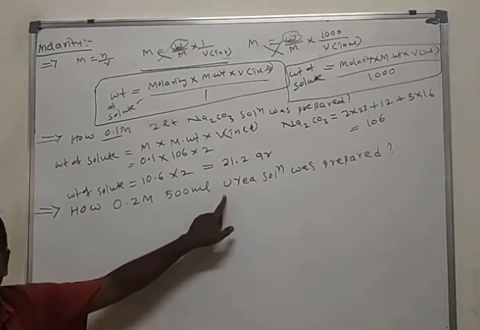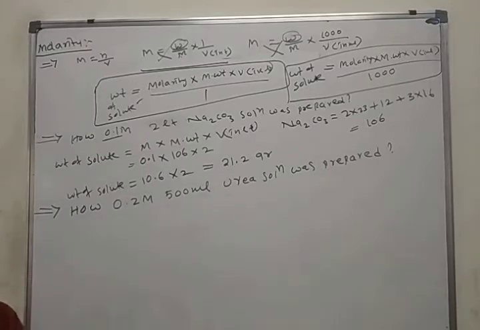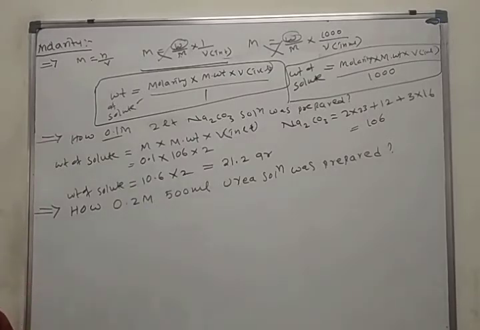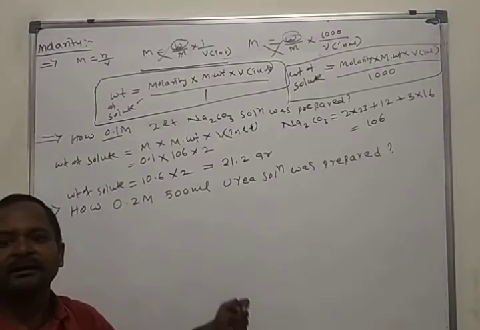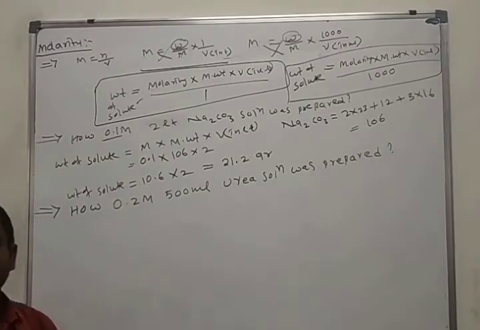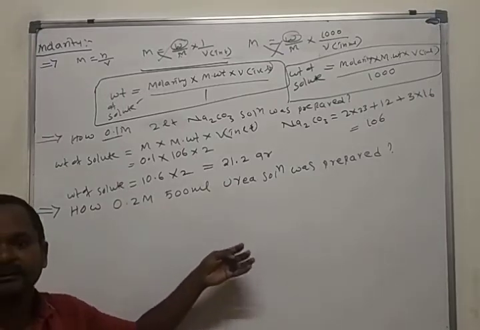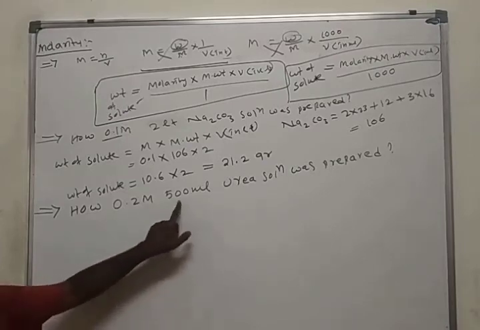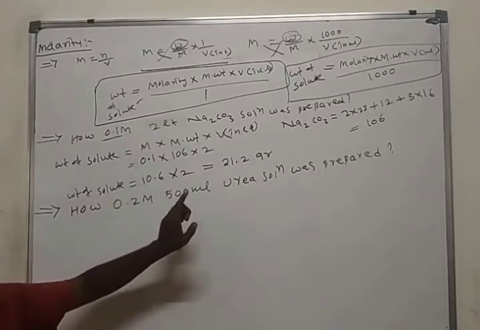I am taking simple numbers for our understanding purpose. But from an examination point of view, they may give 372 ml, 375 ml, 275, 250, 260, 270, or even 1075 ml. They mention like that. For our understanding, I am taking 2 liters, 500 ml.